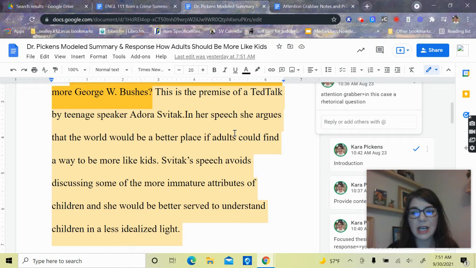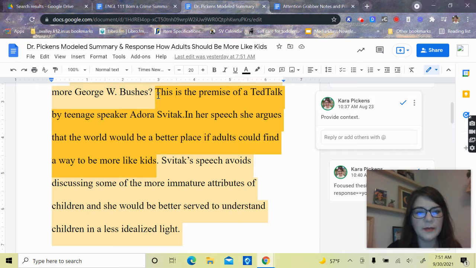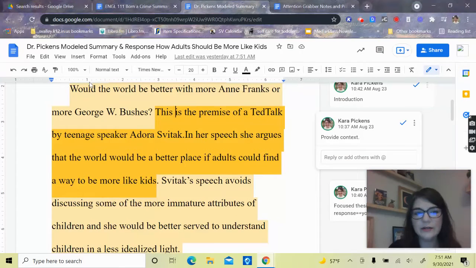Okay, so let's talk just briefly about what this does. We have the attention grabber. Then we have a sentence here that kind of bridges to my thesis statement, right? It gives a little bit of context, okay? So in this sense, you need to kind of connect your attention grabber, which seems kind of random, to what you're talking about, Trevor Noah, okay?